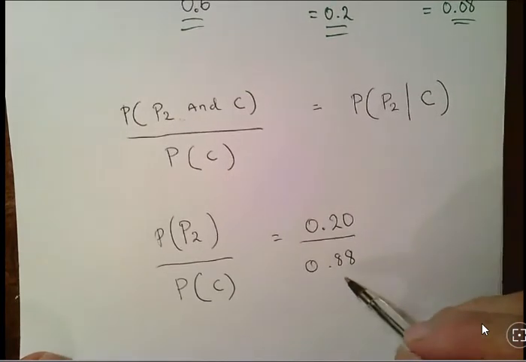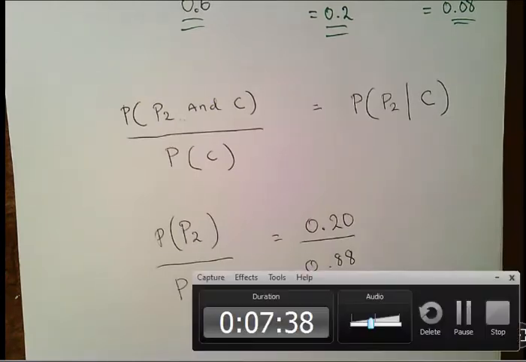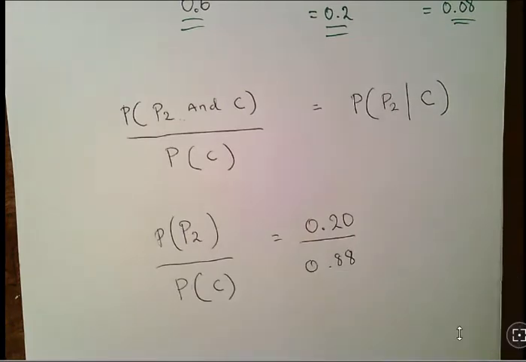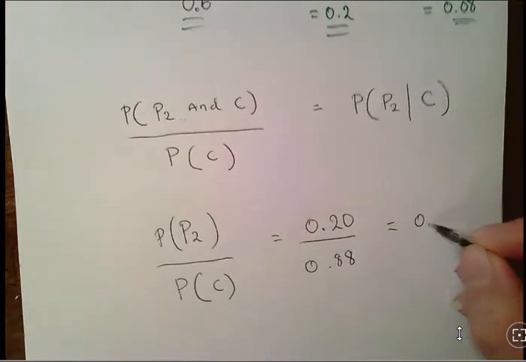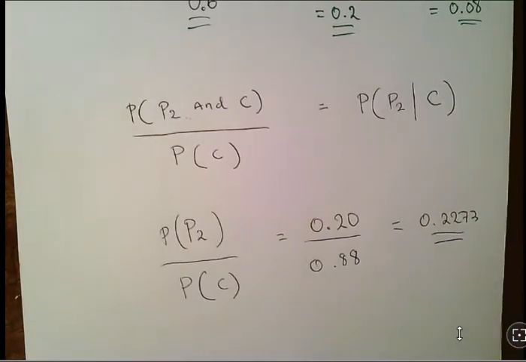I didn't even say it right the first time, 0.88. That's just a little bit of calculator work to solve that. So let me pause for my calculator for a second. It is 0.2273 according to my calculator.